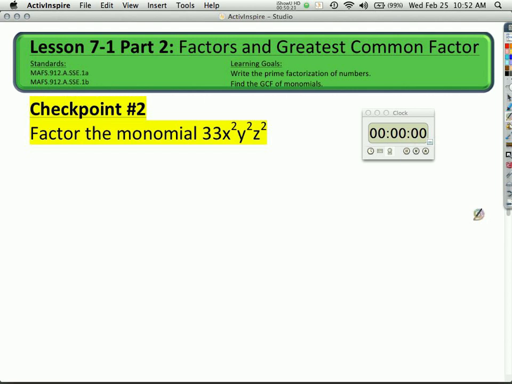All right, let's see what kind of success we had with this, keeping in mind that we are still building towards our goal. We haven't even reached our goal yet. So, what is 33x squared y squared z squared when you factor it? I've got student number 4, 12, and 6.